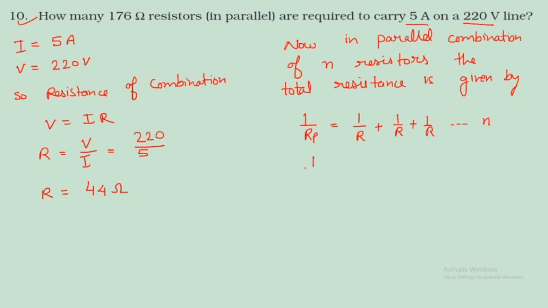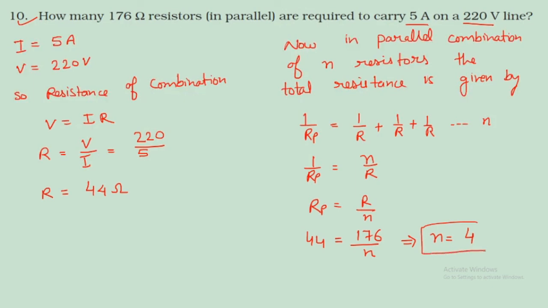So we get 1 over Rp equals n upon R, so Rp equals R upon n. Now the combination resistance is 44 and the resistor value is 176 upon n. We get n equals 4. This is the answer.